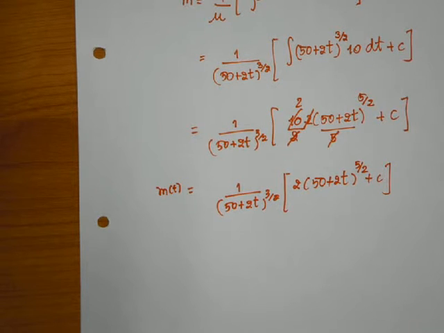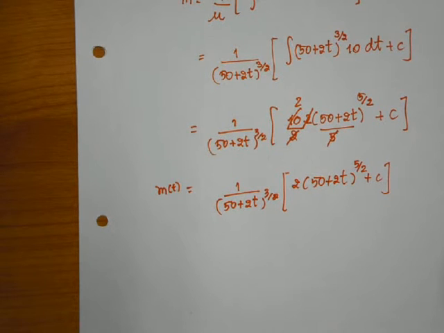But now we have to find C. We know that in the beginning at t equal to 0, M is equal to 10 pounds.